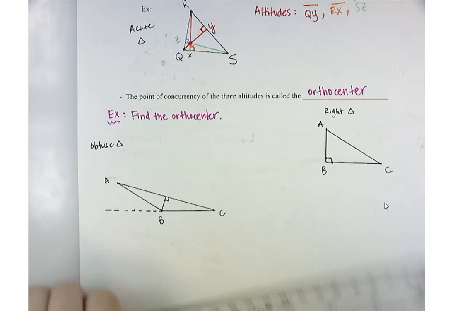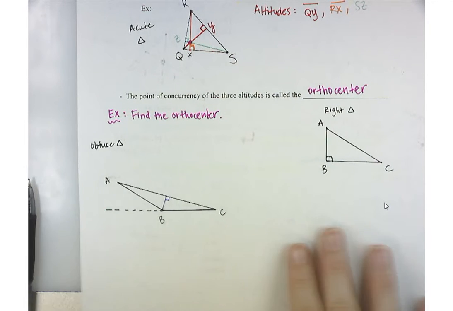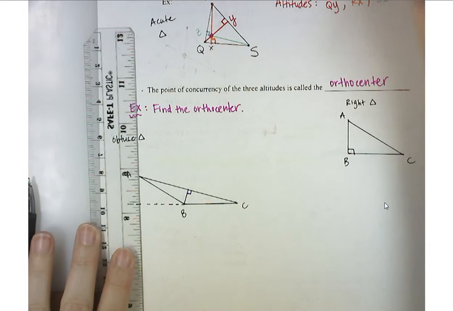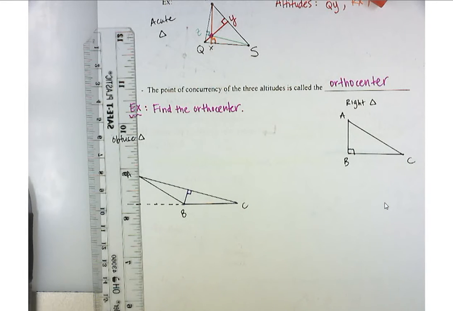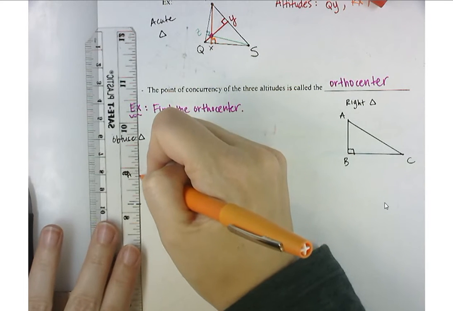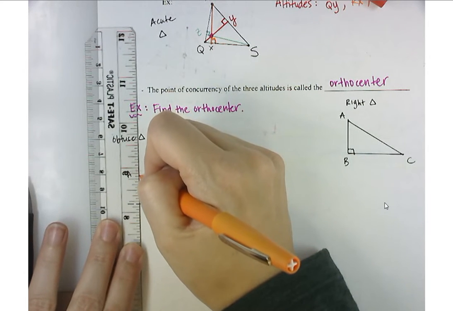And once I'm able to do that, then I can make a right angle. Okay, so the altitude here is going to be outside of the triangle.